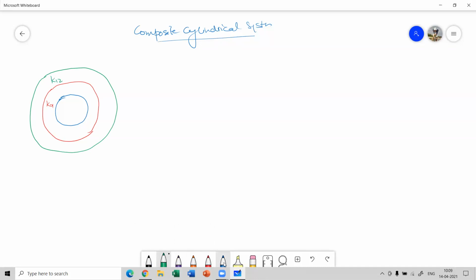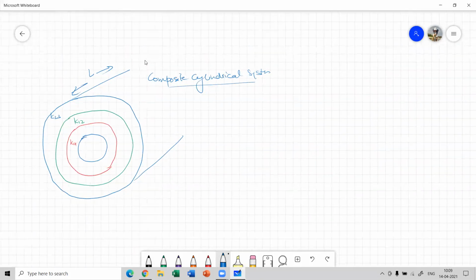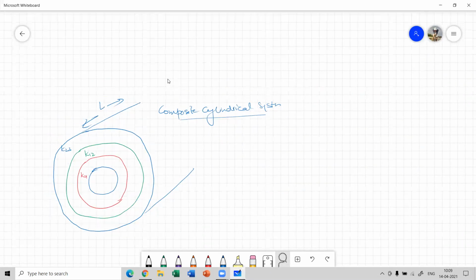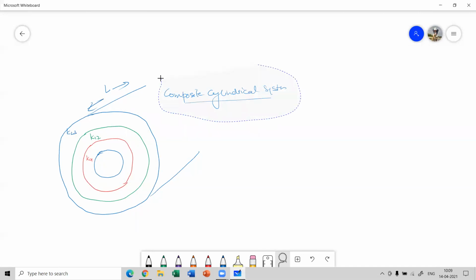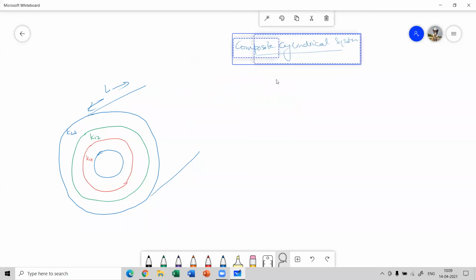And then we have the last composite wall, which has the thermal conductivity K23. So it's a cylindrical wall. The length of the wall is L.